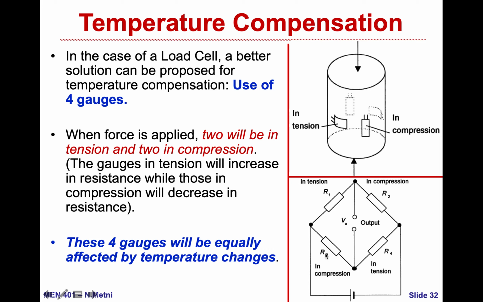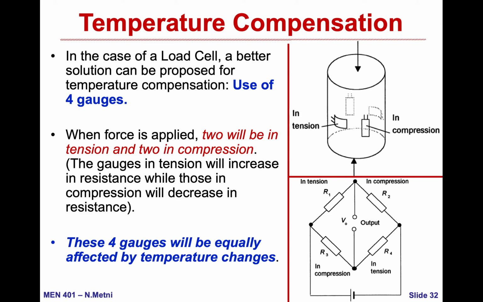So I put one leg in tension, another leg in compression, and another in tension. If there is an increase in temperature, all the resistances here will increase in the same way. Therefore, we will keep the same ratio R1 over R3 equal to R2 over R4, and V out will stay equal to zero, even if there is an increase in temperature.